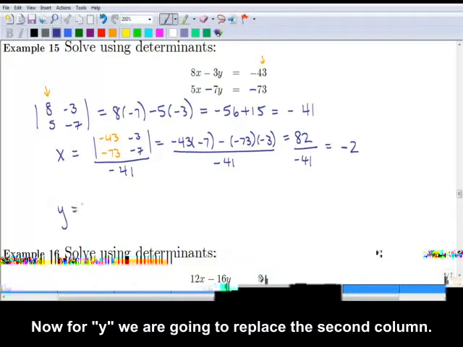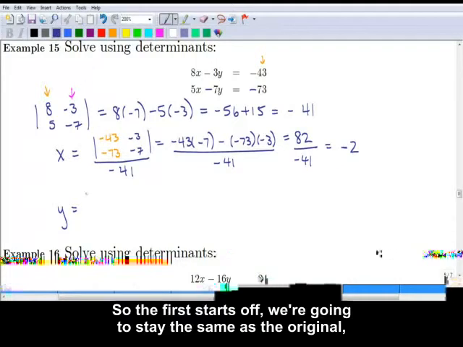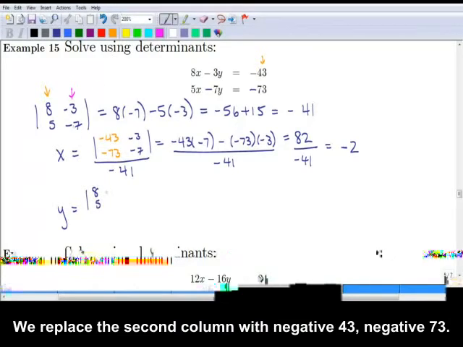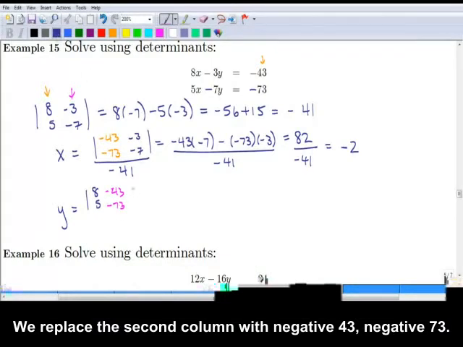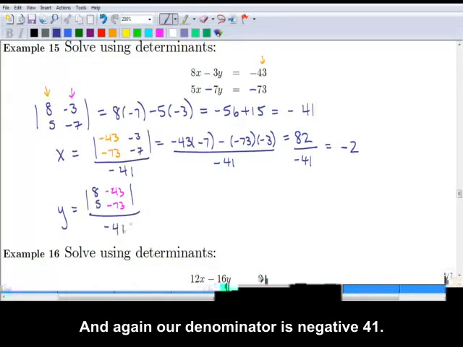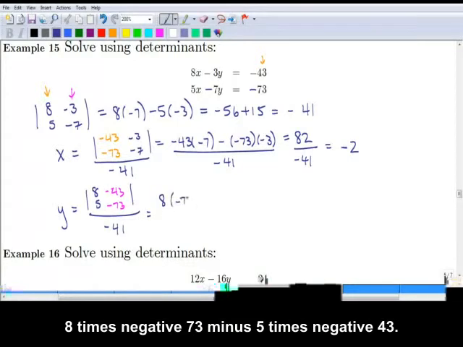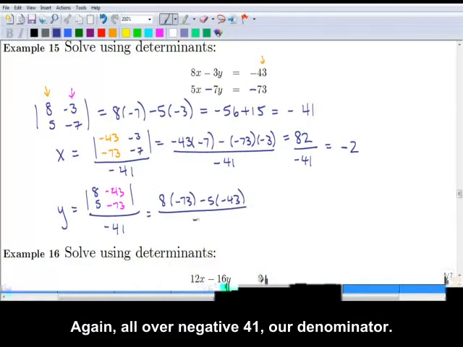Now for y, we are going to replace the second column. So the first column stays the same as the original, which was 8, 5. We replace the second column with -43, -73. And again, our denominator is -41. So in this case, our determinant ends up being 8 times -73 minus 5 times -43. Again, all over -41, our denominator.